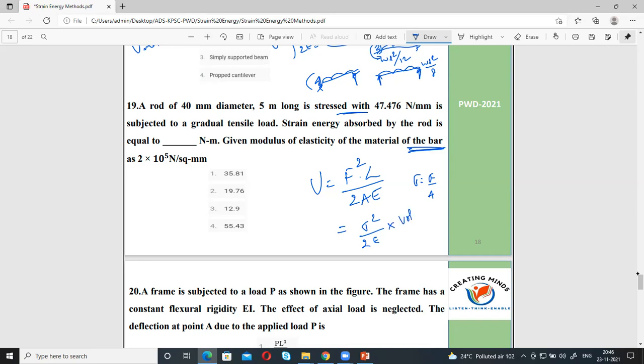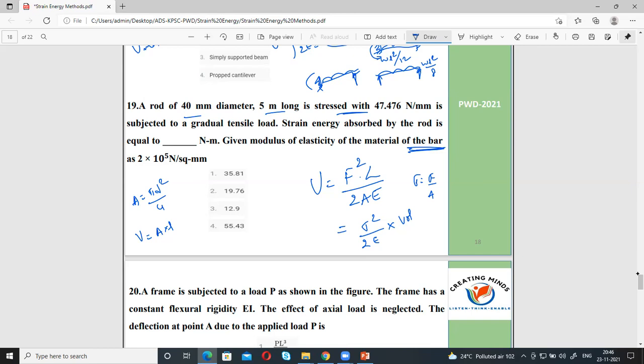Volume is L into B into H or D. So length is given, diameter is given. If the area is given, I'll compute the area. What is the area? Pi d square by 4. So volume will become area into length.